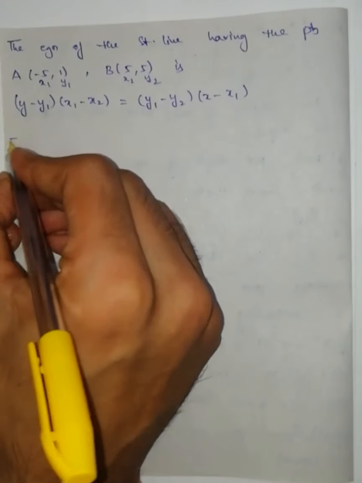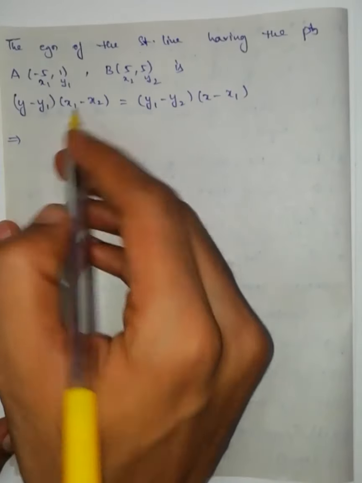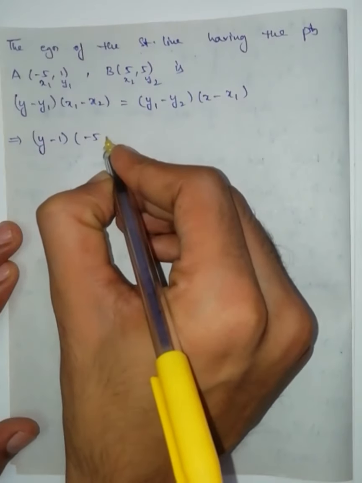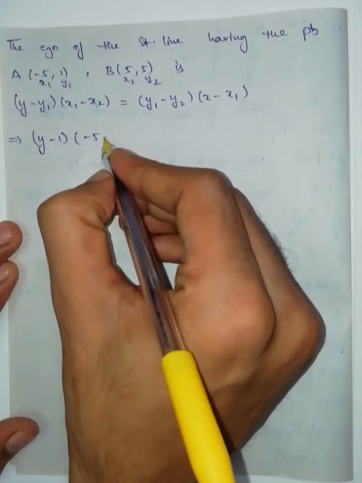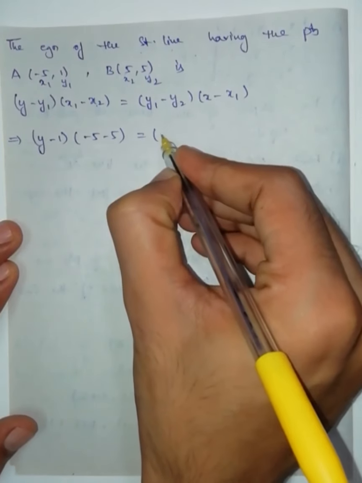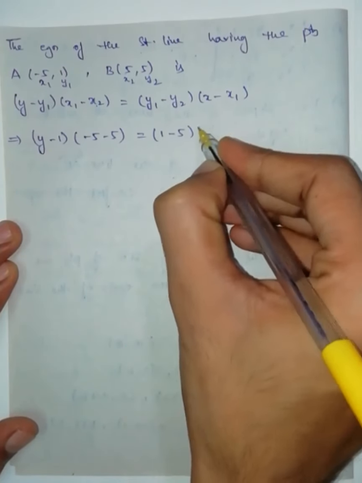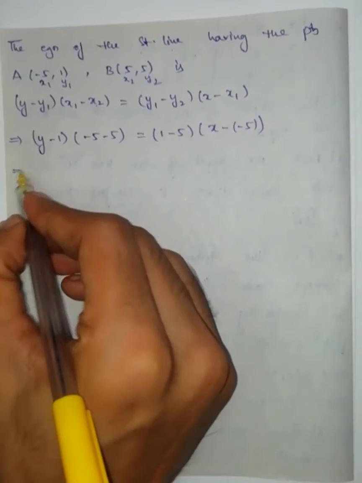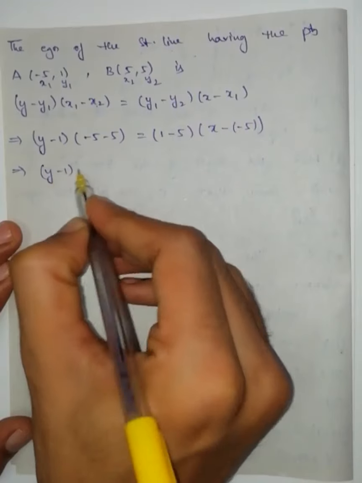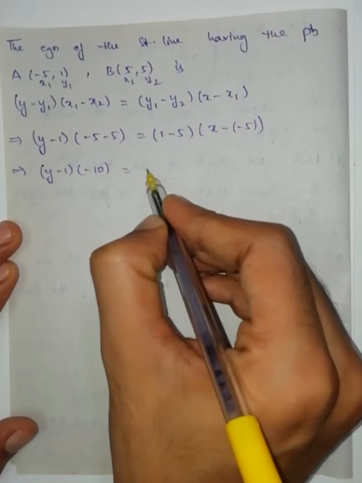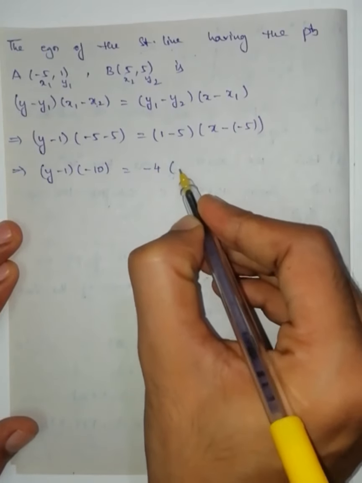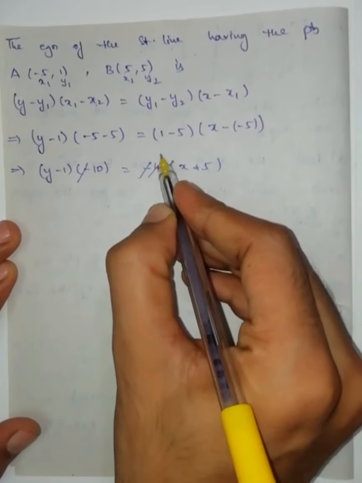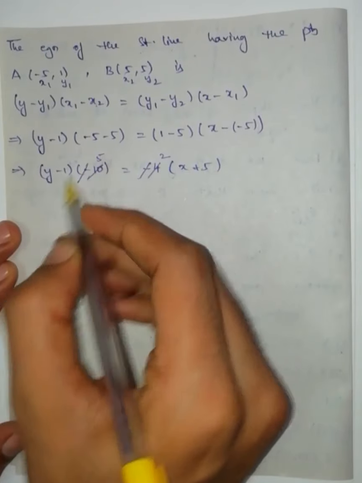Now I am going to substitute: (y - 1)(-5 - 5) = (1 - 5)(x - (-5)). This implies (y - 1)(-10) = -4(x + 5). The minus signs cancel, and 2 twos are 2 fives are.